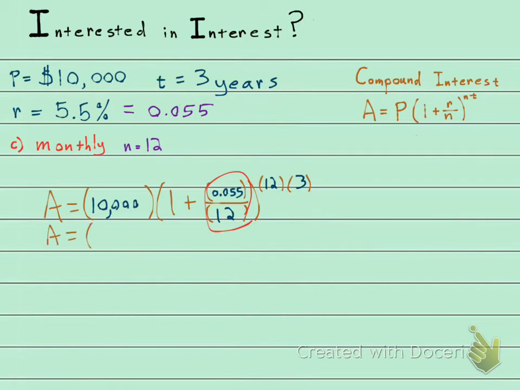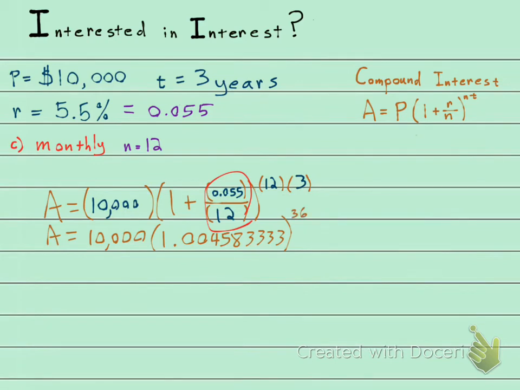So I have 10,000 times 1.004583333. Don't lose any of those little digits. All to the power of 12 times 3, which is 36.